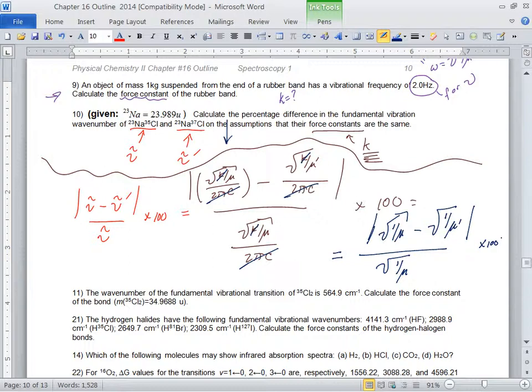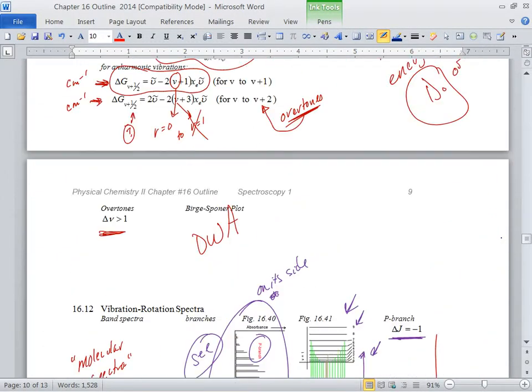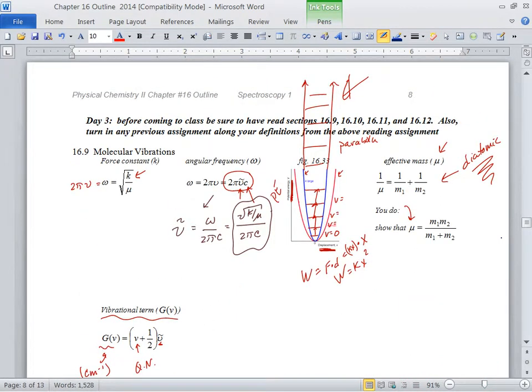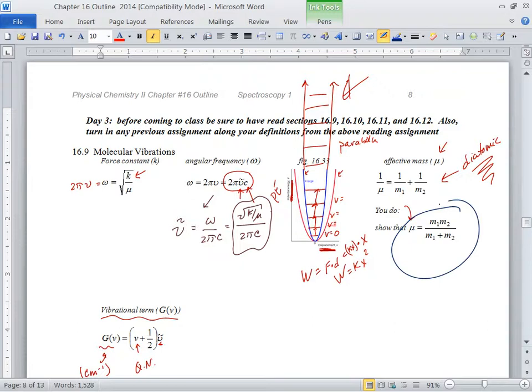Right? So what I would do is I would find the u's of the mu's. Find the mass in terms of u of the chlorine and the sodium isotopes. Calculate the mu's.